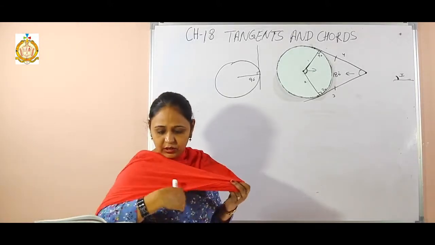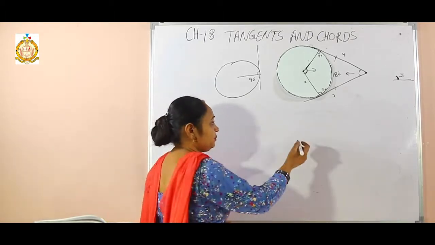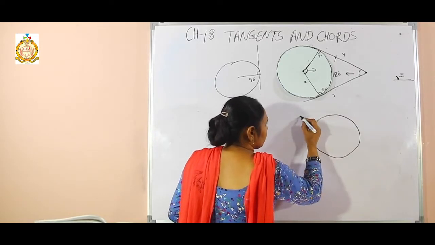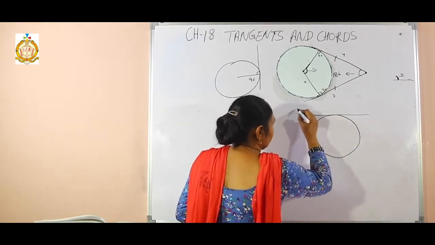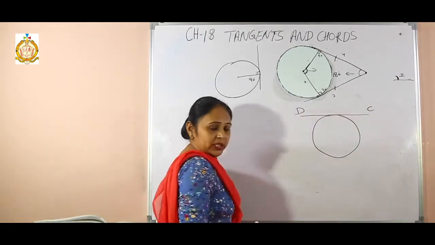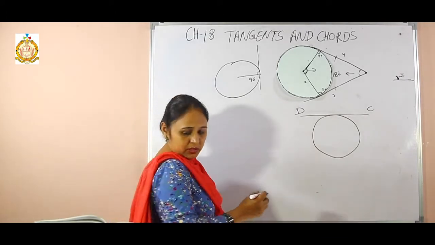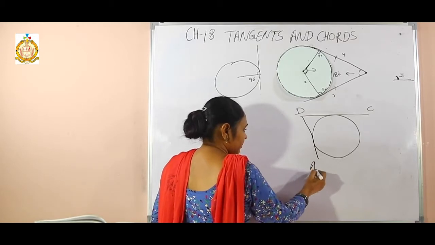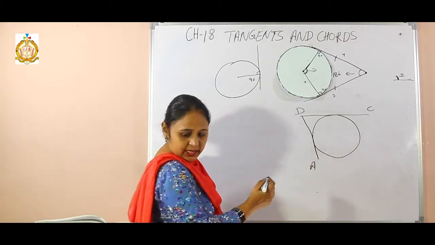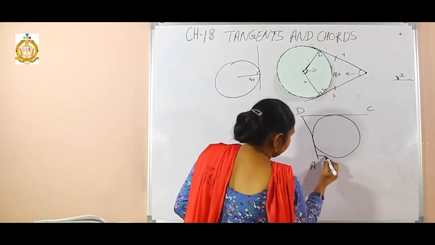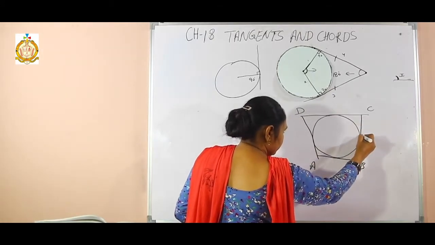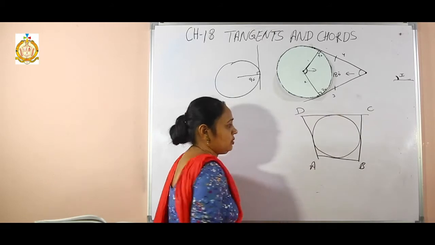There is a given figure, a circle is given, one tangent is given DC, then there is AB, DA, then next is AB, and the last one is this one.